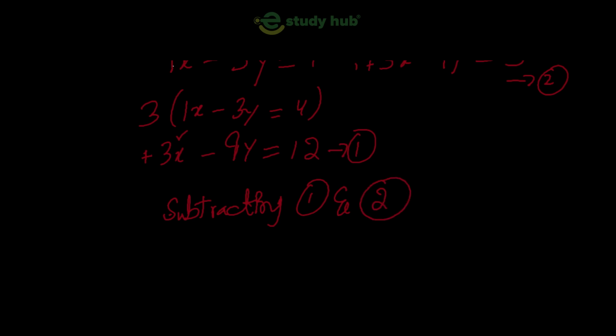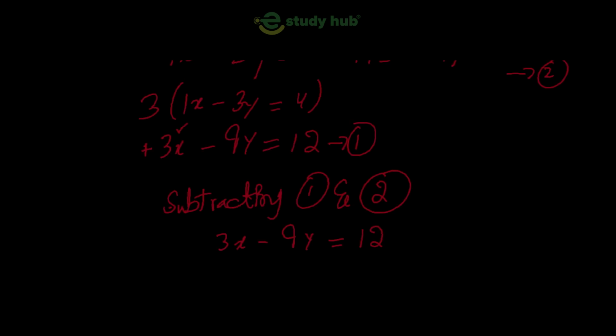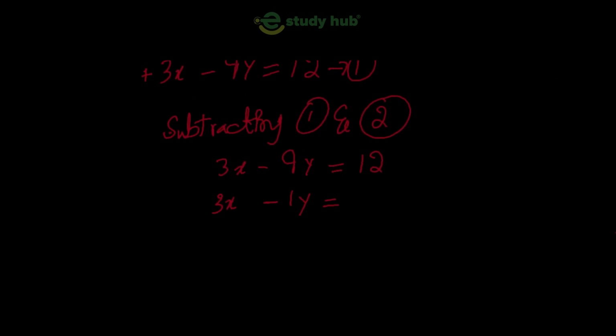I'm going to write the first equation first. It will be 3x minus 9y equals to 12. And the next equation, that is 2, it will be 3x minus 1y equals to 3. So you can see that it has both a positive with that. So in subtraction we need to change the signs.